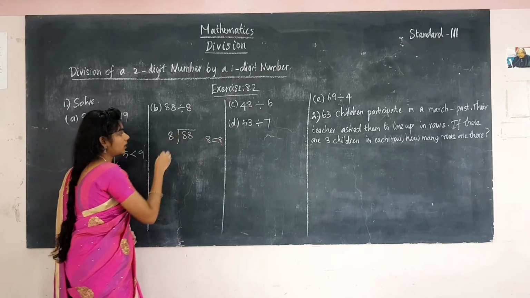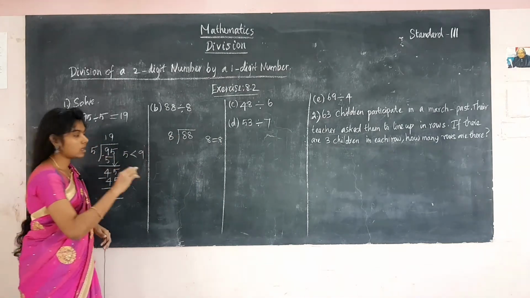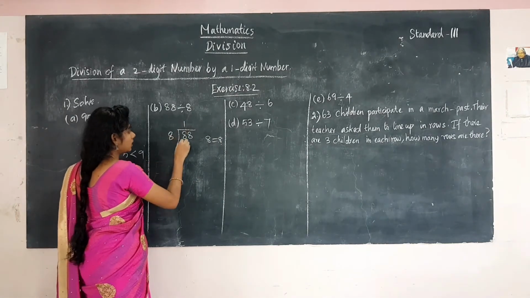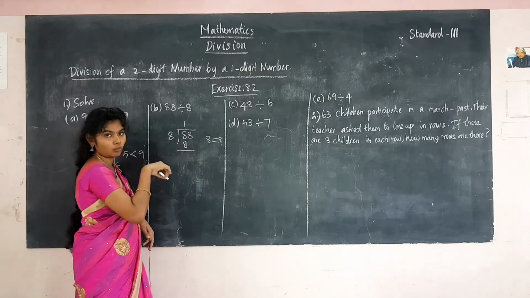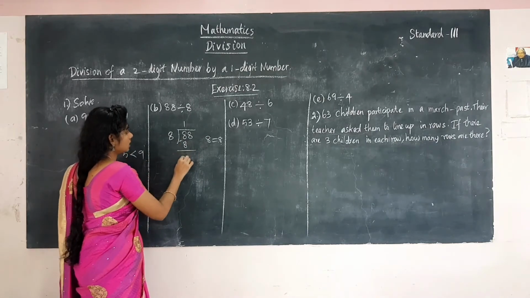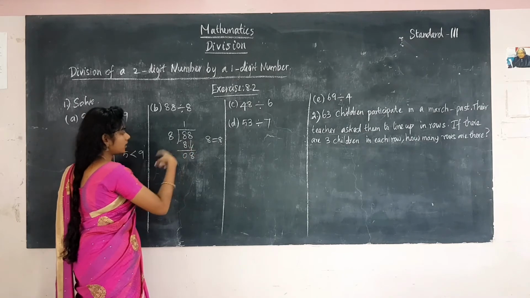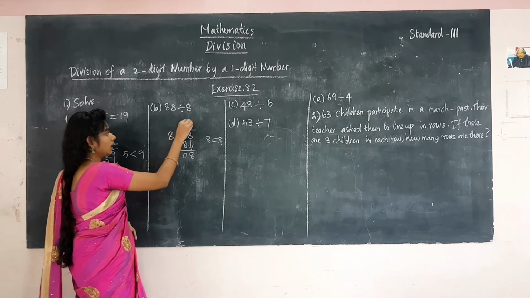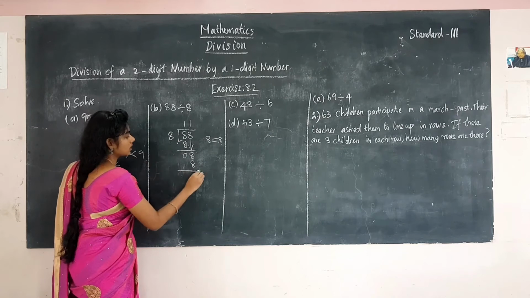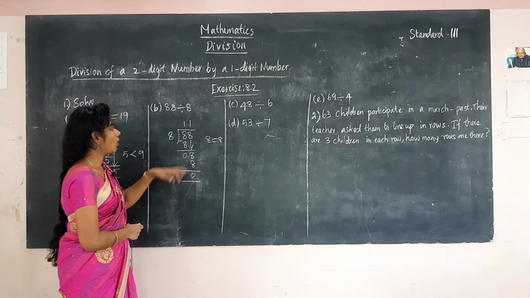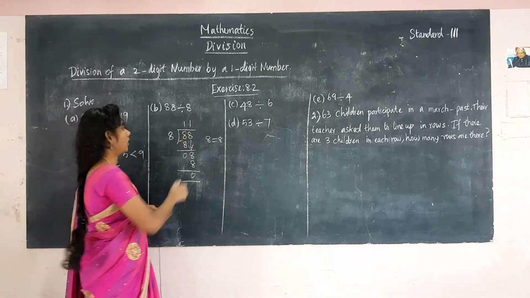So you can take the tens place alone. Now say the tables, 1 8 is 8, within that number. So 8 minus 8 is 0, and here you can take down 8. Now say the tables of 8 again. 1 8 is 8. So the answer is 0. So you have found the quotient as 11.